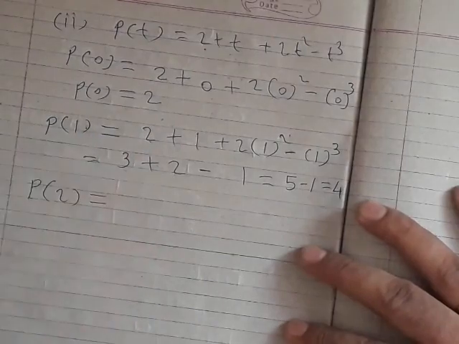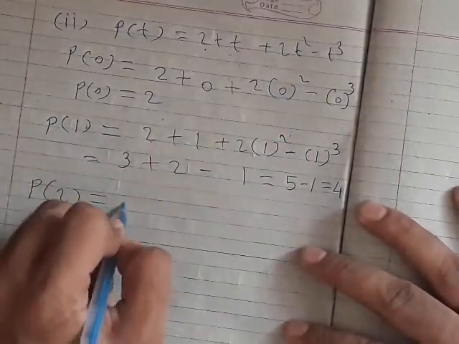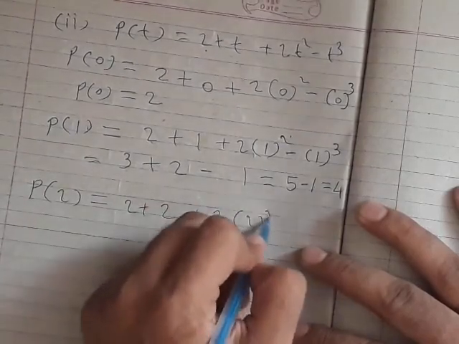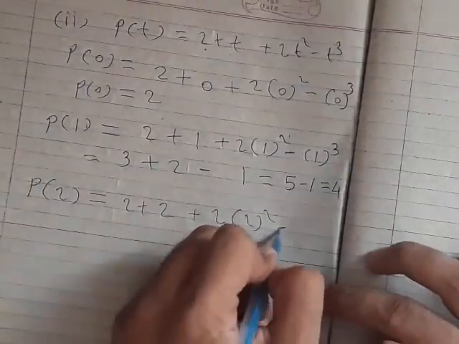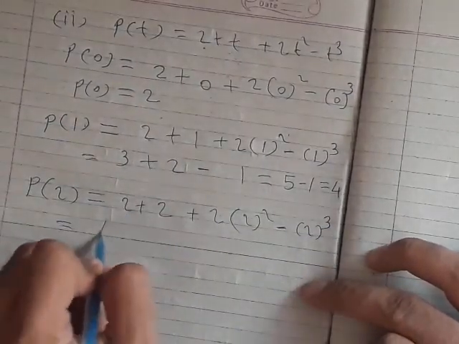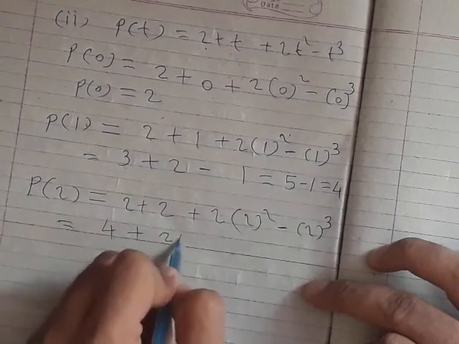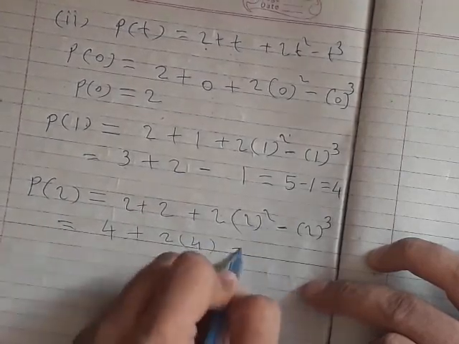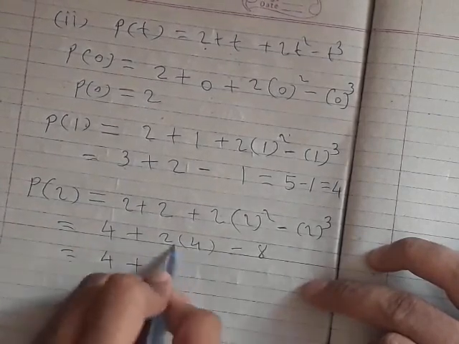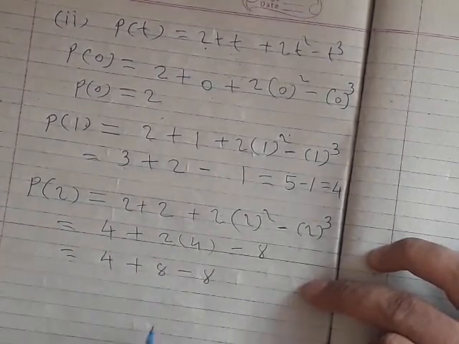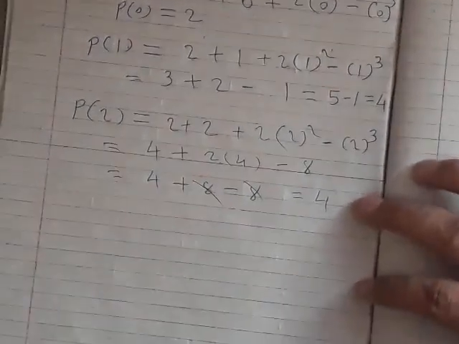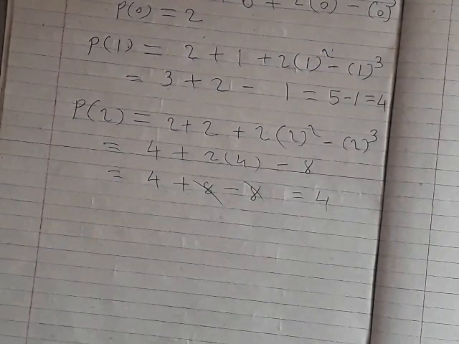Put 2 instead of t. 2 plus 2 times 2 square minus 2 cube. Here we have 2 plus 2, 4, here 2 square is 4, 2 cube is 8. So 4 twos are 8, and plus 8 and minus 8 cut. So the answer is 4. That is how we can have the answer.